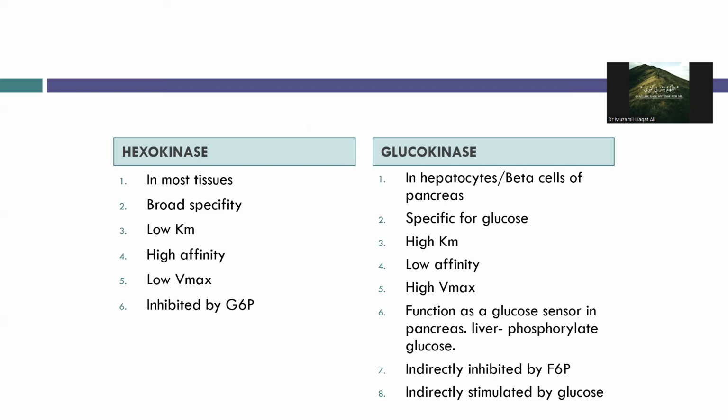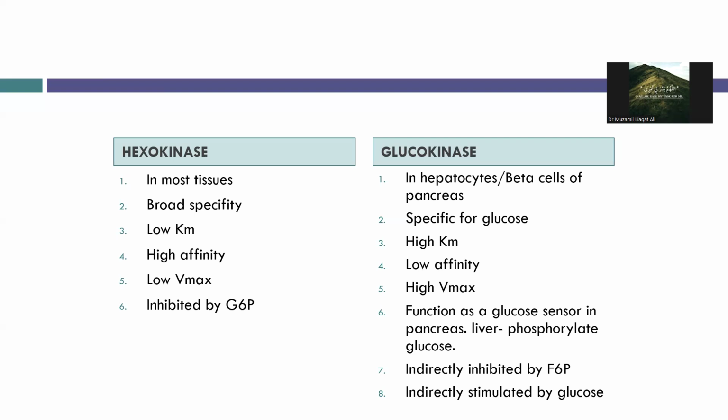And what about glucokinase? That is present in liver and beta cells of pancreas. What are the features? Those are highly specific for glucose, high Km value means low affinity, means functions only at high blood glucose levels, high Vmax value, and acts as a glucose sensor in the pancreas and allows the liver to phosphorylate glucose efficiently after meals.